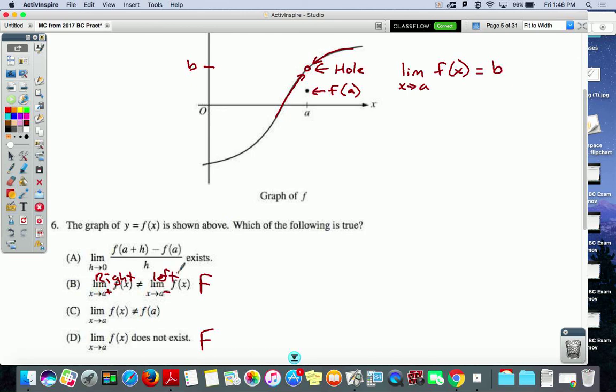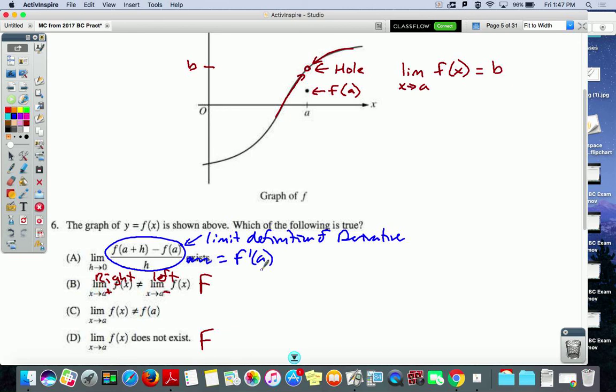Question A. This one's a little tricky, but I'm hoping you would recognize that this is the limit definition of the derivative. So this whole limit, I'm going to say it's equal to f prime of a.